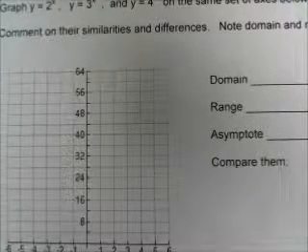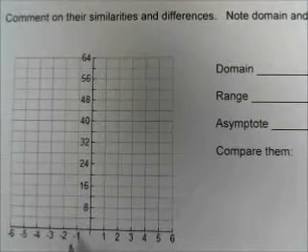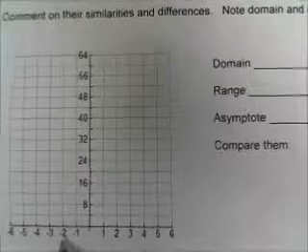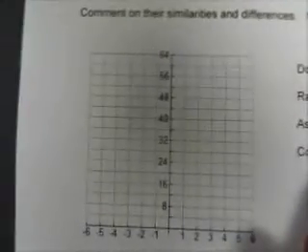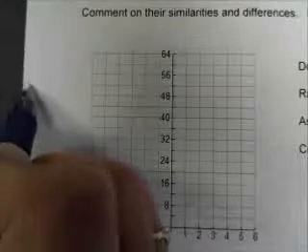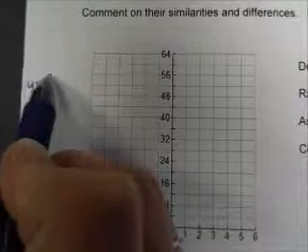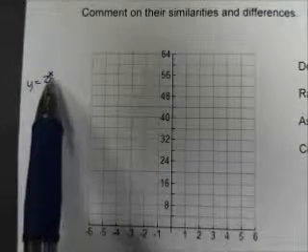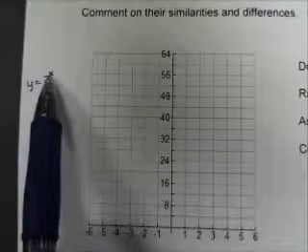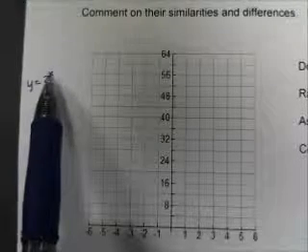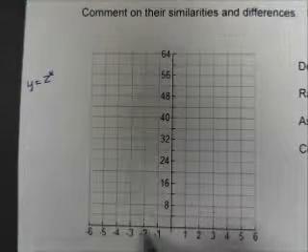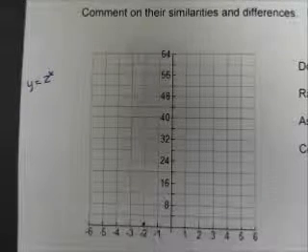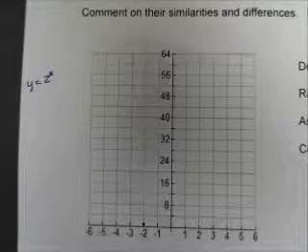To do this, I'm plugging in an x value. If I put -2 in for x, and y equals 2 to the x, that's going to be equivalent to 1 over 2 squared, which is 1/4. So at an x value of -2, really small down there at 1/4.